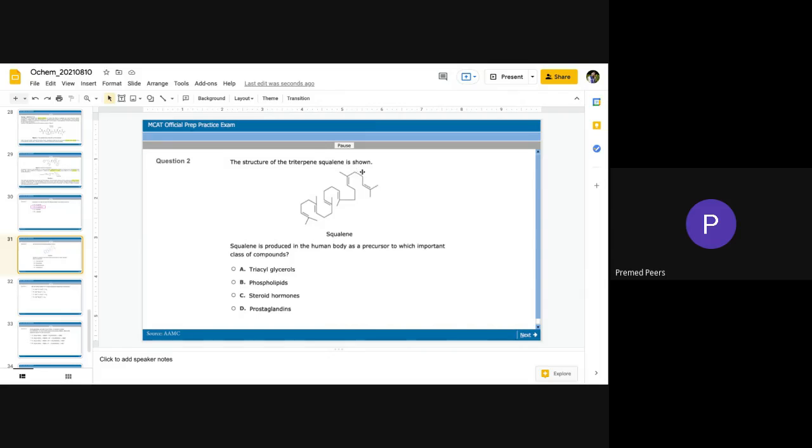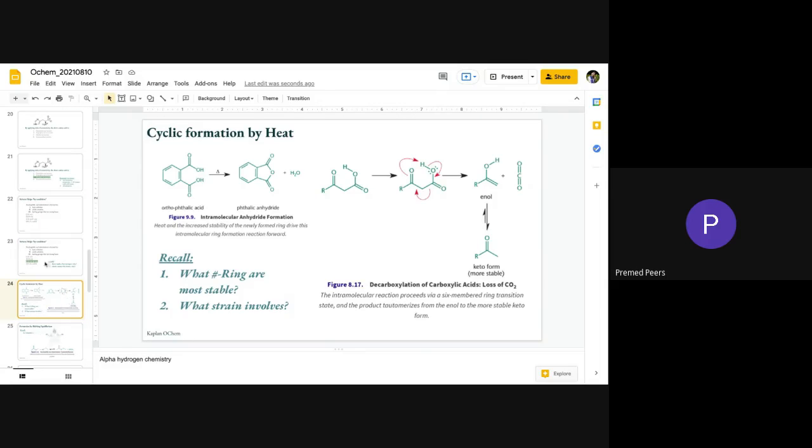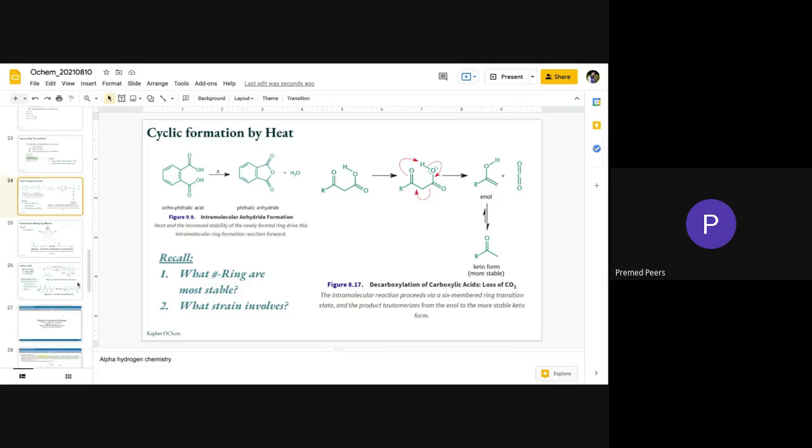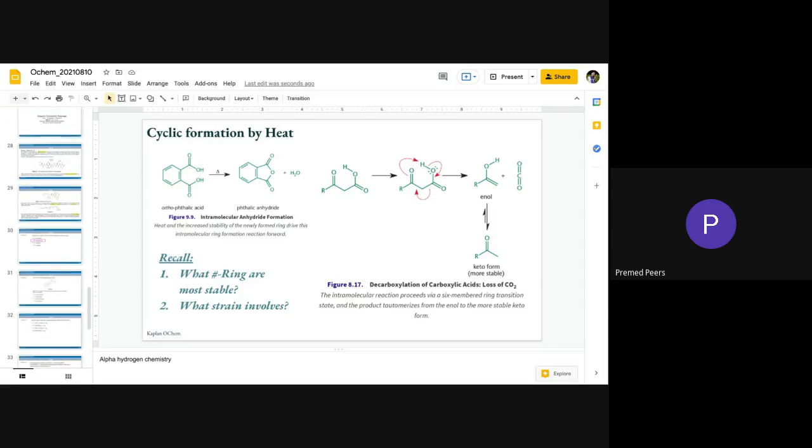So if you look closely at the structure, remember something that I mentioned just now with the previous slide: the cyclic rearrangement, usually by heat, is possible, allowing certain member ring structures to be formed. And what are those members? Those are the 5 or 6 member rings.